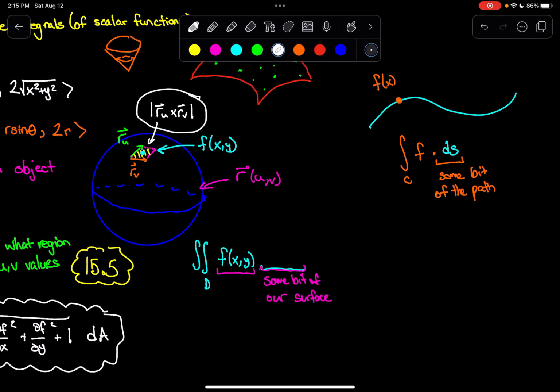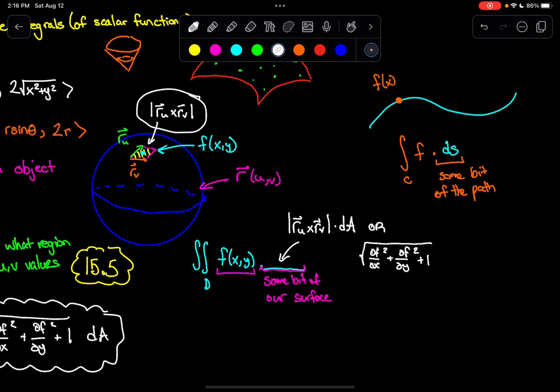We can fill in this blank: after seeing what a surface area calculation is, a little bit of our surface is just the magnitude of r_u cross r_v dA if we parameterize things, or it's going to be the square root of (df/dx)^2 + (df/dy)^2 + 1 dA. Either one of those things is going to go here, and it depends on if we decide to swap out x and y and parameterize those in terms of u and v, or if we are keeping everything in terms of x and y.